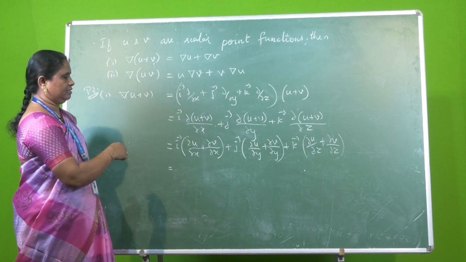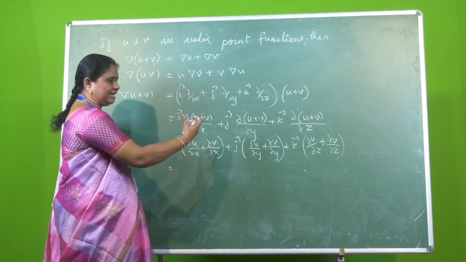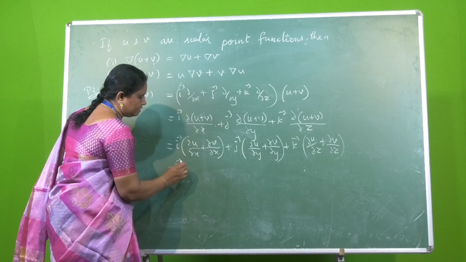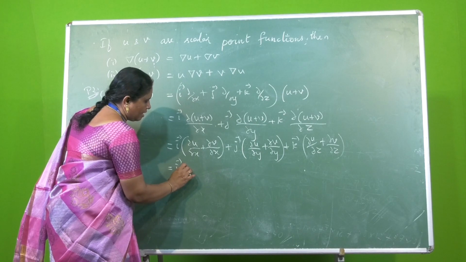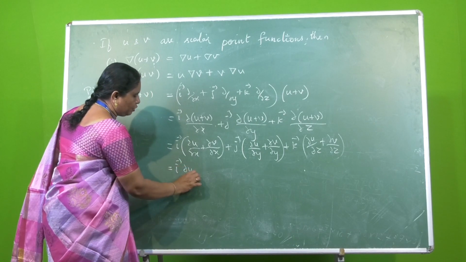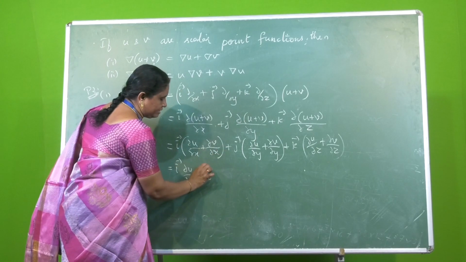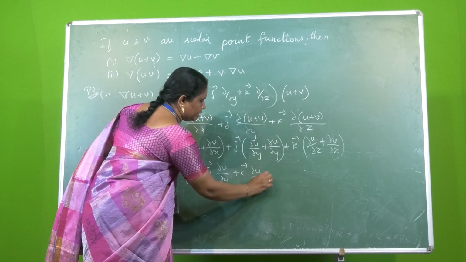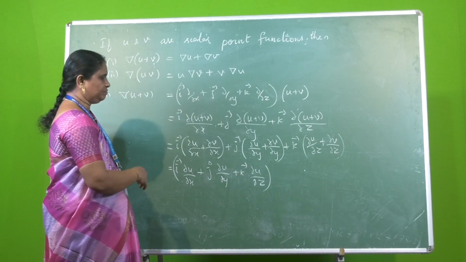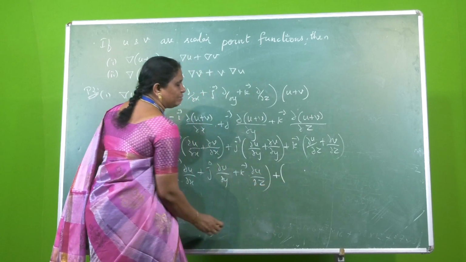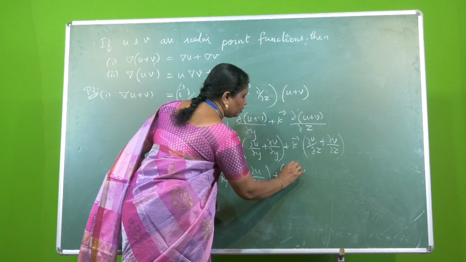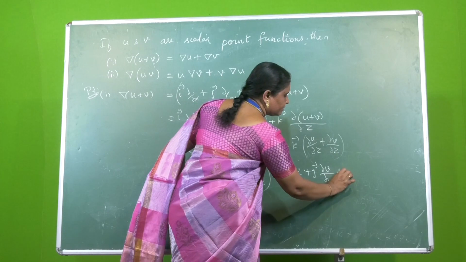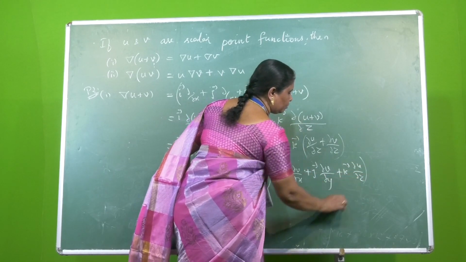So in each and every coefficient we have two terms, and we can collect those terms with dou u. So we can write separately as i vector dou u by dou x plus j vector dou u by dou y plus k vector dou u by dou z as a separate term, and collecting the remaining terms, we get i vector dou v by dou x plus j vector dou v by dou y plus k vector dou v by dou z.